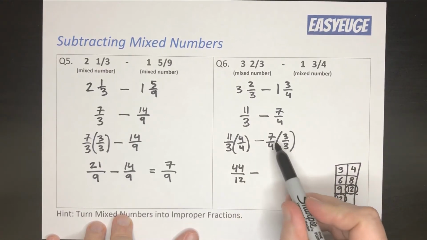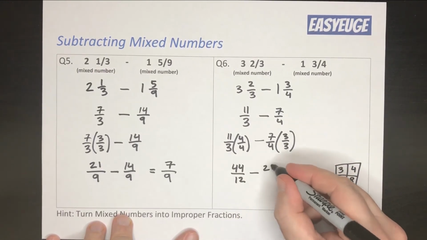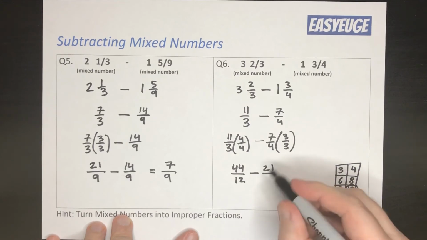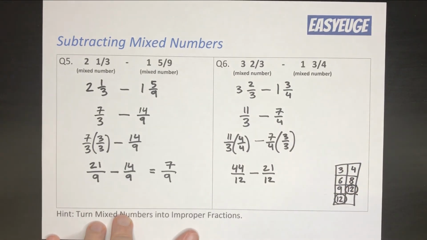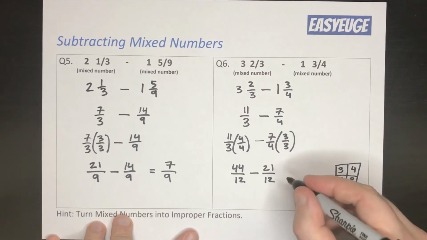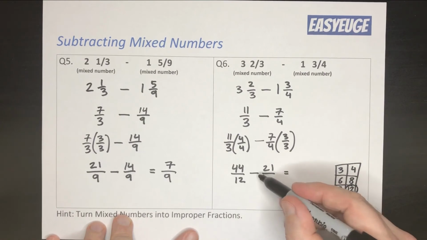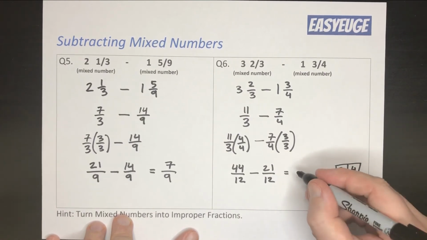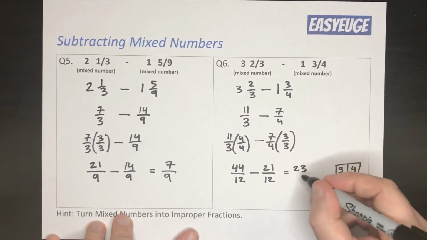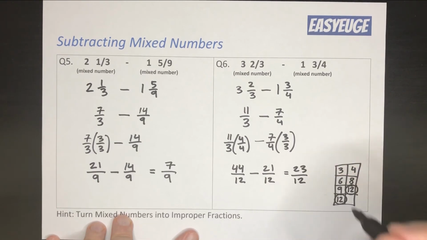And let's take away 7 3s are 21 and 4 3s are 12. And because the denominator is now the same, we just go straight ahead and subtract. 44 take away 21 is 23 over 12.